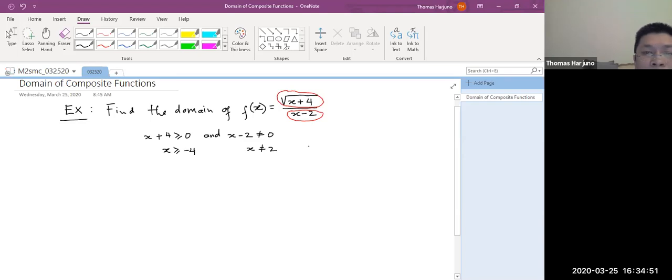On the number line, I put it here. I have everything to the right of -4, yet it cannot be 2. You see that?